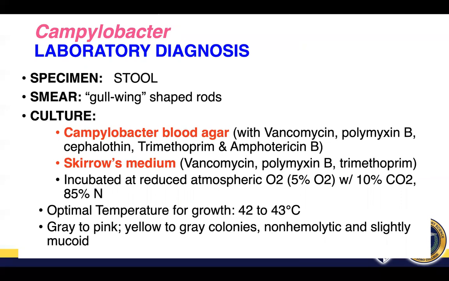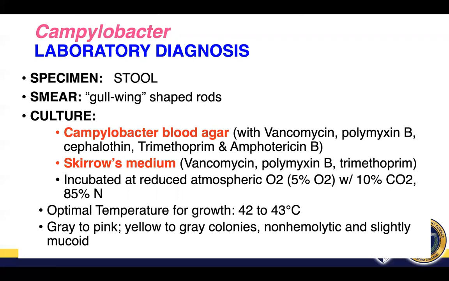We have Campylobacter blood agar, which is selective due to the presence of vancomycin, polymyxin B, cephalothin, trimethoprim, and amphotericin B. Skirrow's medium is quite similar, but it only contains vancomycin, polymyxin B, and trimethoprim.